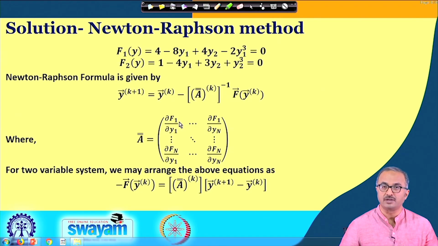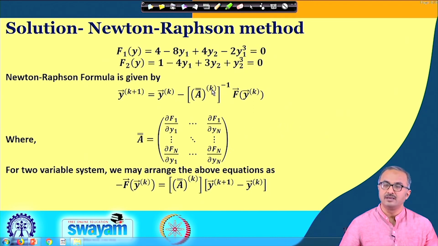That means we have to take the partial derivative of all the functions with respect to each of the unknown variables. In this case we have two unknown variables and two functions. So this reduces to dou f1 by dou y1, dou f1 by dou y2, dou f2 by dou y1 and dou f2 by dou y2. That means it gives rise to a 2 by 2 matrix.